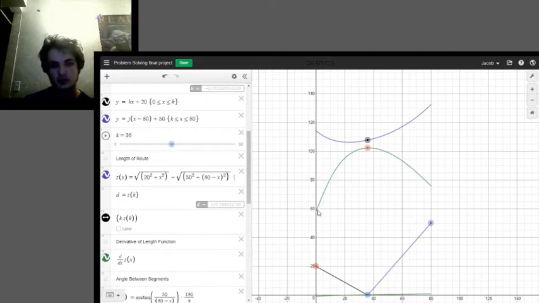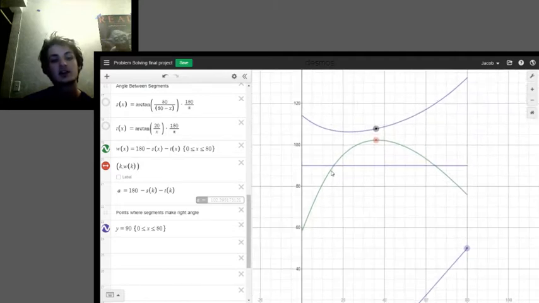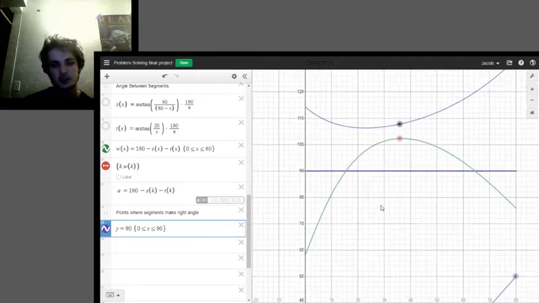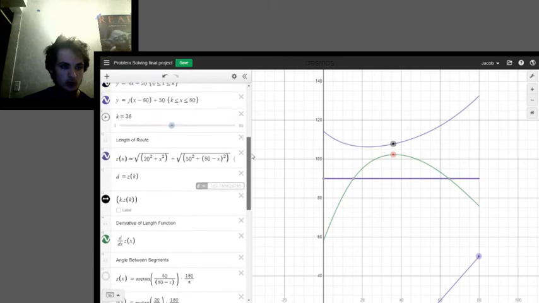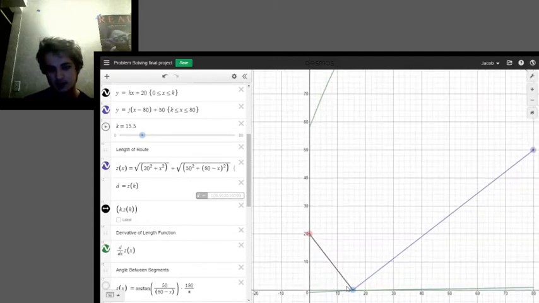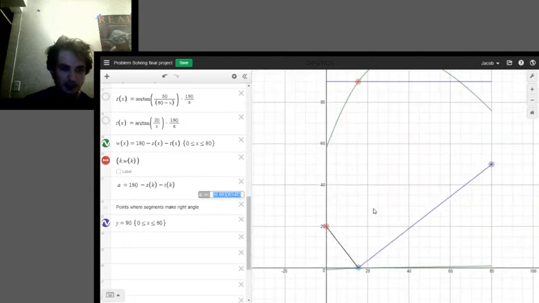Because my angle values are plotted on the y-axis, all I had to do to find that was plot y equals 90. The two intersections give me my values of k where the angle is 90 degrees. If I go to this one here, that appears to be a right angle, and looking at the angle, it is indeed approximately 90 degrees.